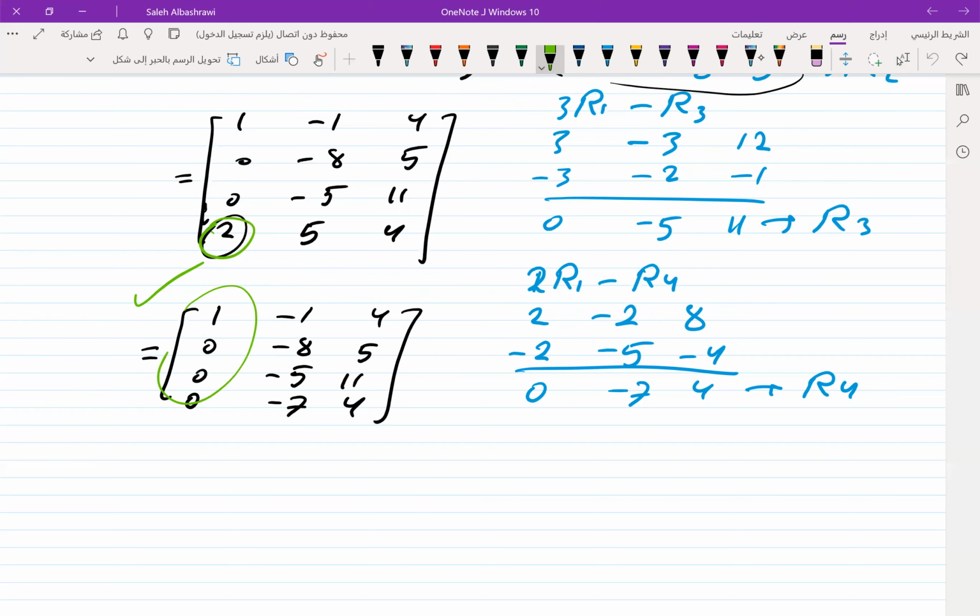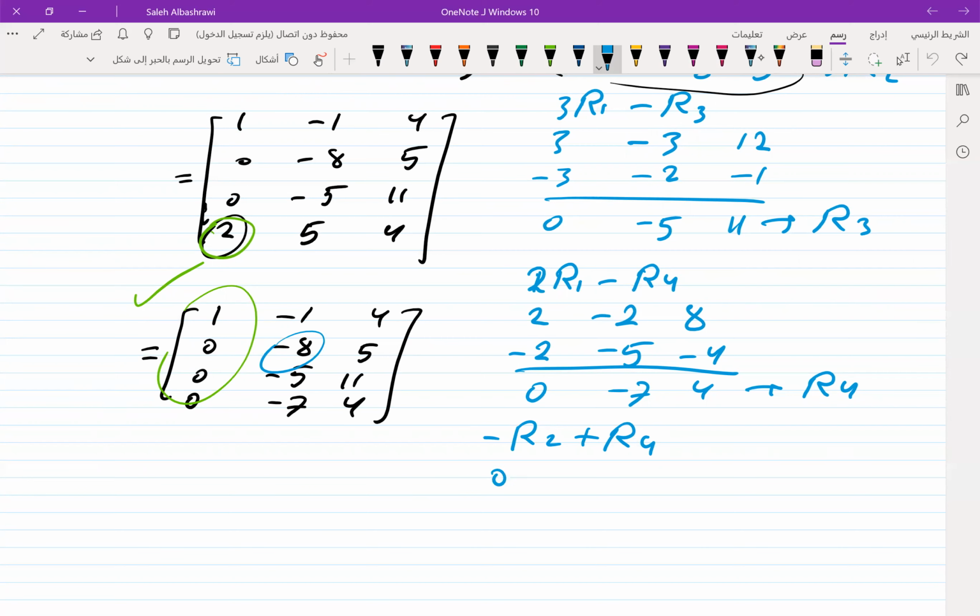Now to make it easier, I'm going to divide this one by minus 8, R2 divided by minus 8. Or I can add, just to avoid fractions, because I don't want to use fractions, I can use minus R2 plus R4, because I have minus 8 and minus 7, that will give me 1.